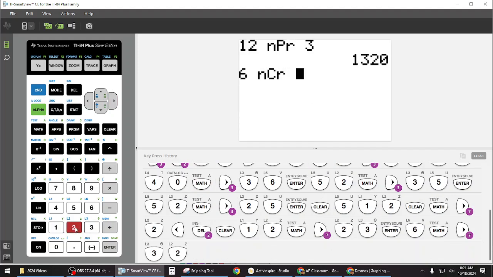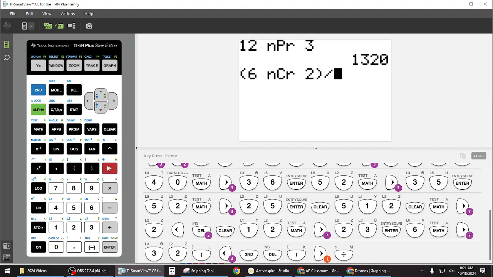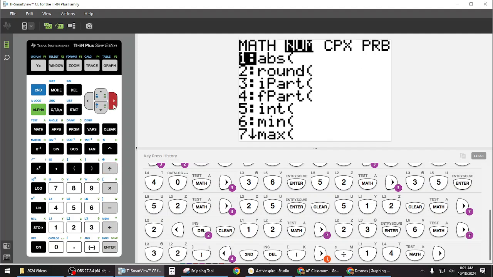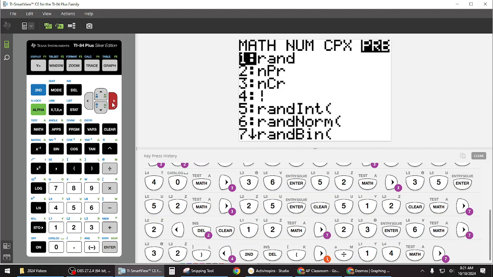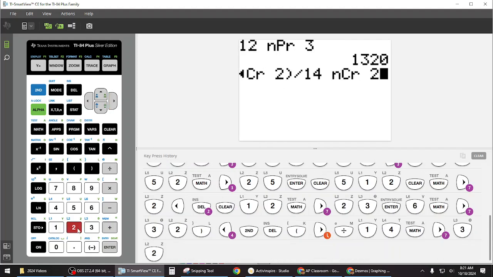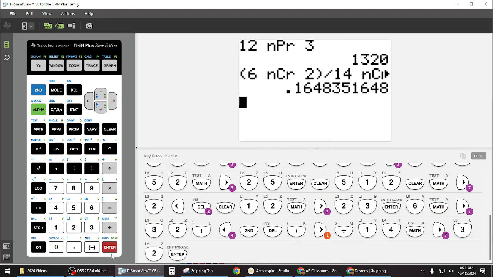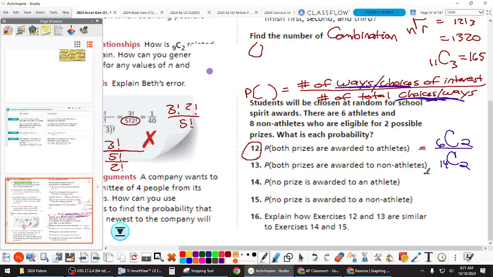So 6 choose 2 athletes, and probably a good idea to put parentheses around that, and then divided by 14 choose 2, and we get 0.165. So we have a 16.5% chance of that.